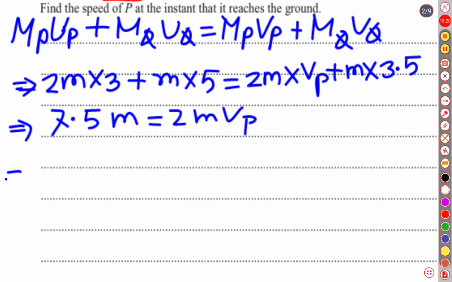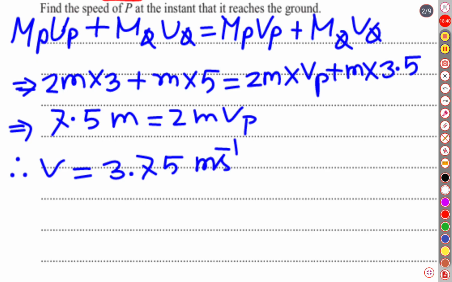Hence our vp, that means the velocity of particle p after collision, m can be cancelled. If we divide 7.5 by 2, it is going to be 3.75 meter per second, and the direction must be negative, it is coming downward.